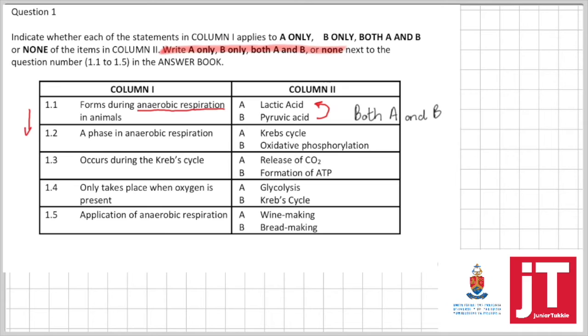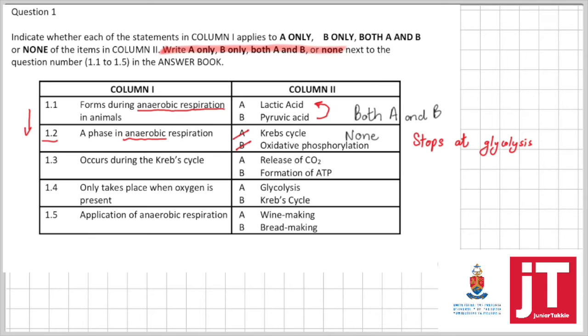If we look at question 1.2, a phase in anaerobic respiration, our options here are A, Krebs cycle, and B, oxidative phosphorylation, neither of which are part of glycolysis, which would mean that both A and B are actually part of aerobic respiration. So the answer to this question is going to be neither A nor B. Or in this case, looking at the question and the way we're supposed to answer it, it's none.